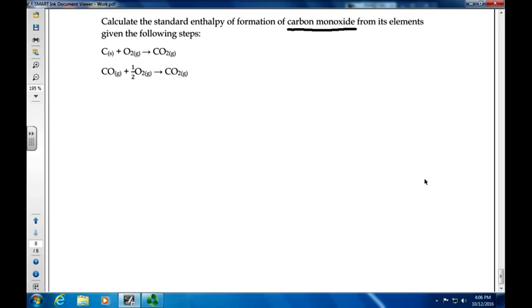The second reaction is the same as the ones we just did. Even though this one is proceeding forward in this fashion, what we're going to do instead is flip it so that it proceeds in the reverse.